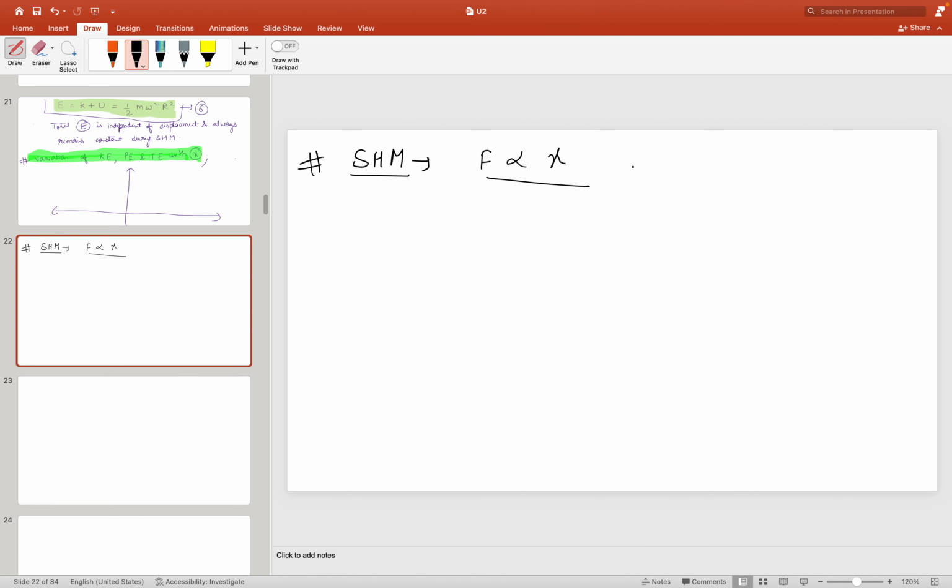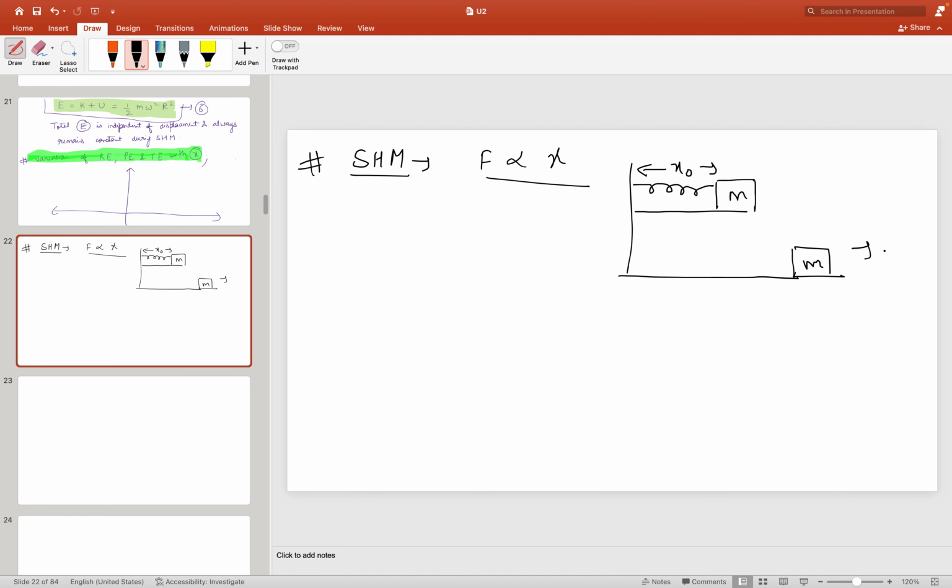So let us consider a spring mass system in this particular manner. The mass is m and the original distance is x0 with respect to the origin. Once some external force is applied to stretch the spring, the external force applied can be F dash, and then a restoring force will act on the opposite side to bring the spring mass system into its original position.